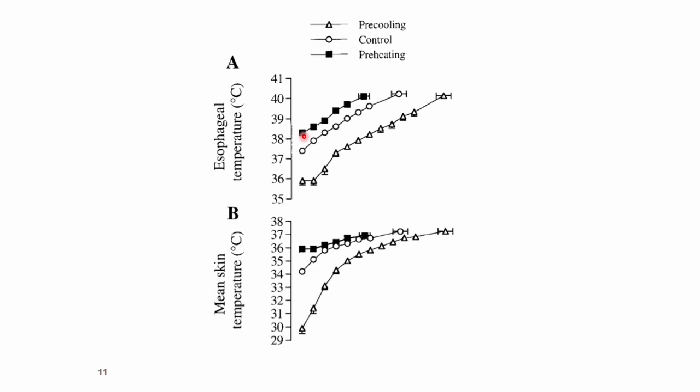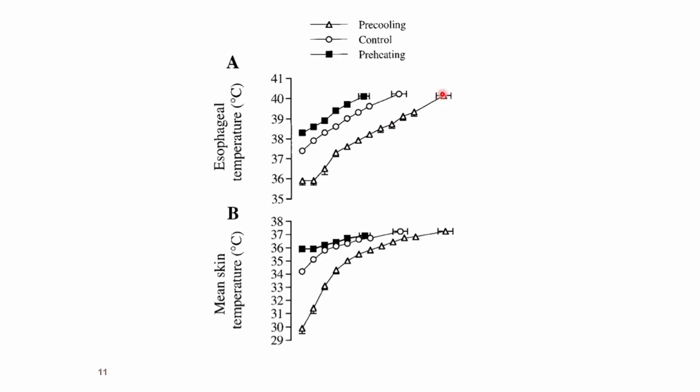So they started exercising, and they found 2 things. Number one, when the subjects were preheated, they ended up lasting a shorter period of time. So they ended up quitting earlier because they got too hot and they felt uncomfortable. When the subjects were pre-cooled, they ended up cycling for a longer period of time.